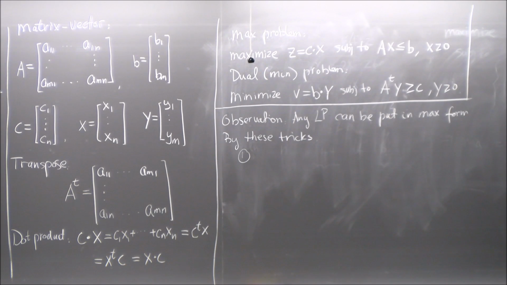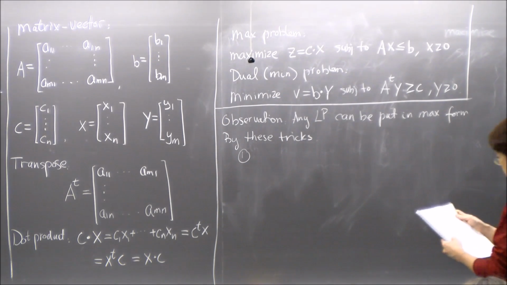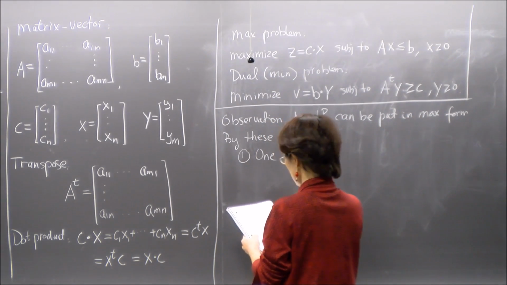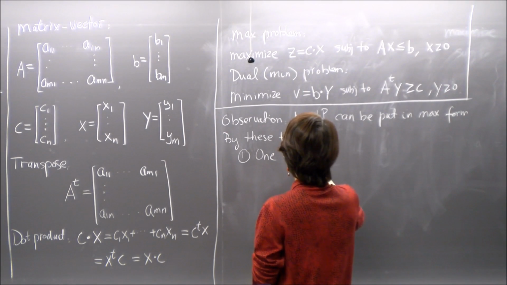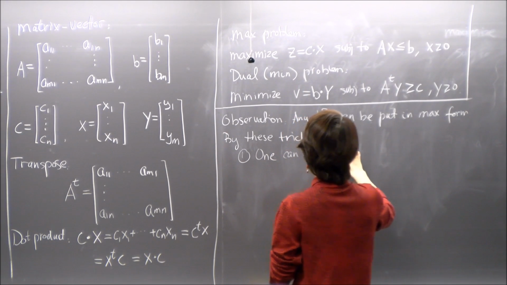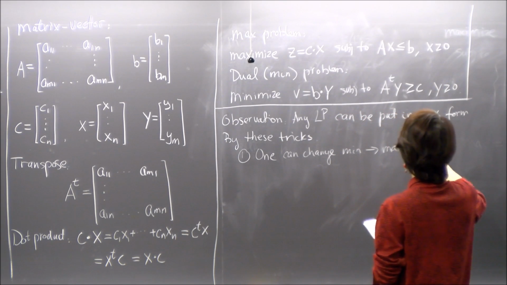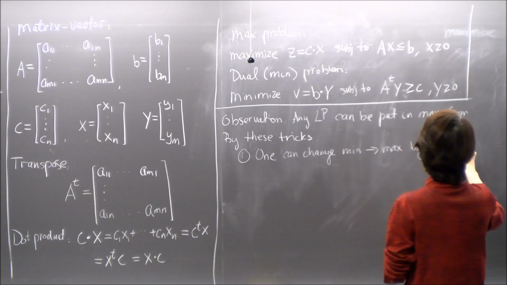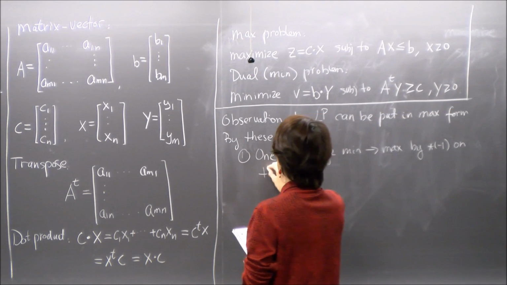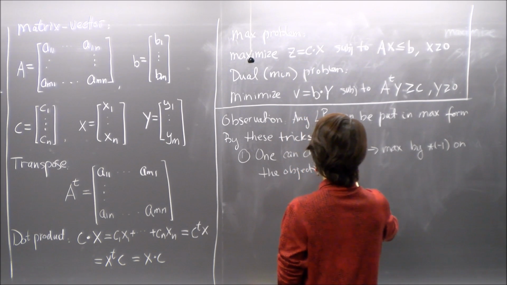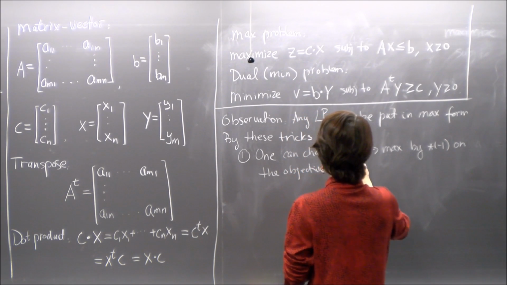We multiply the objective function by negative one, right? So one can change a minimizing problem into a maximizing problem by multiplying the objective function by negative one. So that's solved.